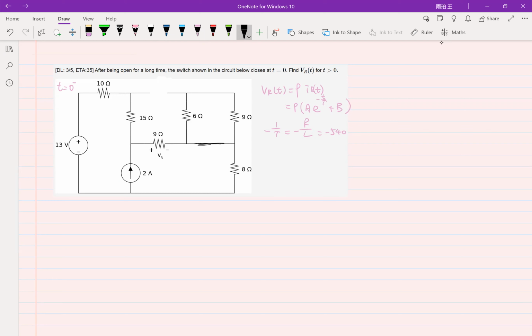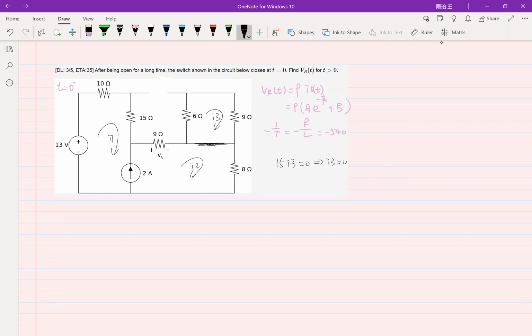So basically, we can find V_R through a simple mesh analysis. We have I1 here, I2 here, I3 here. Obviously, we're not going to have any current flow through I3 just because here is a short circuit. We can also see that by doing the simple mesh analysis on I3, and we will find that 15 I3 equals 0 gives I3 equals 0.